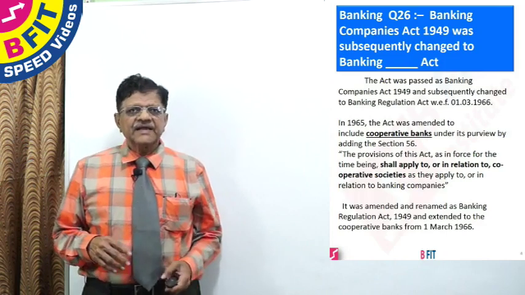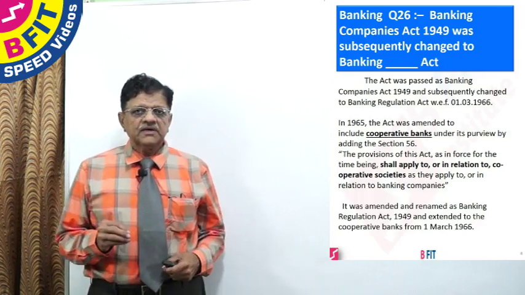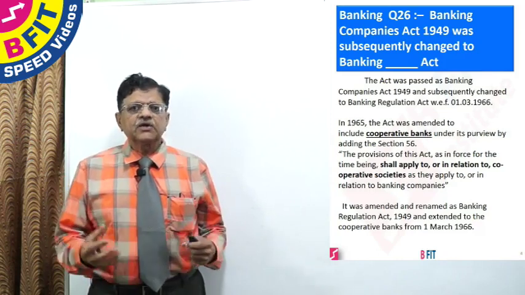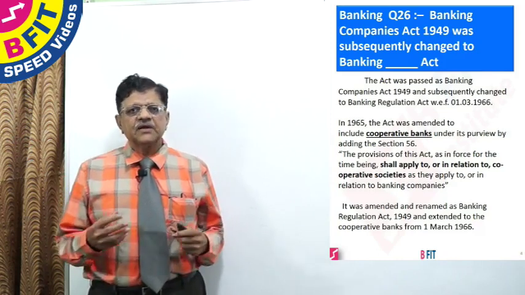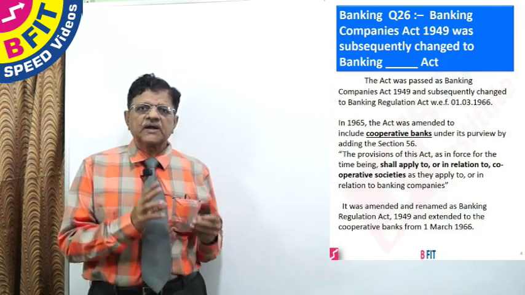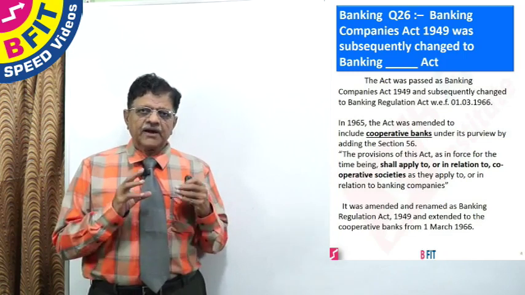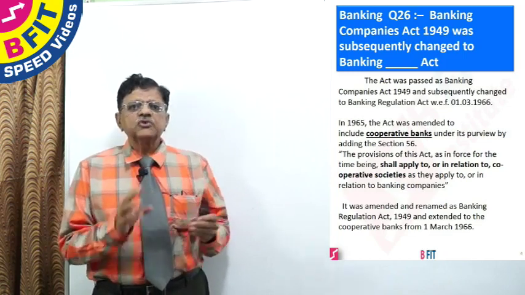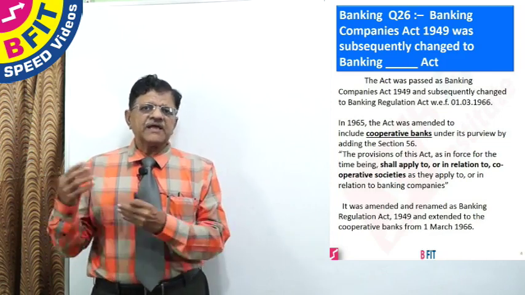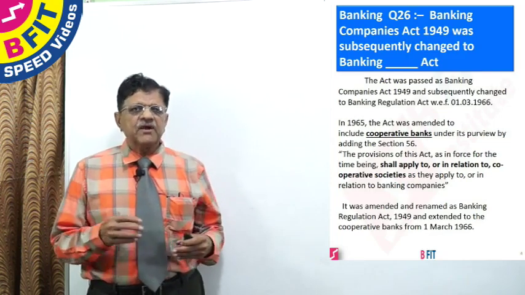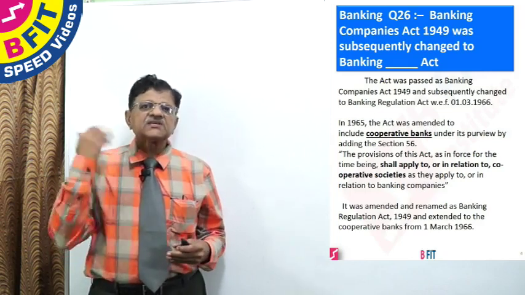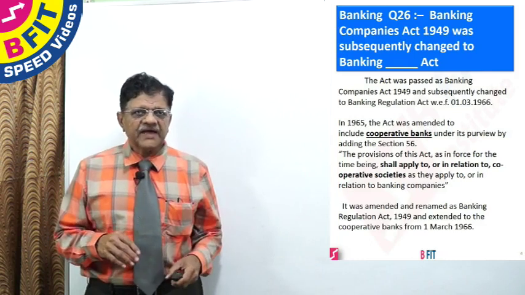That was because in 1965 the cooperative banks were brought under the control of Reserve Bank of India as regulator. So whatever provisions were applicable to the regular banks were also made applicable to cooperative banks. As a result, cooperative banks not being companies, they had to change the name from Banking Companies Regulation Act to Banking Regulation Act by discarding the word company from the name of the act.